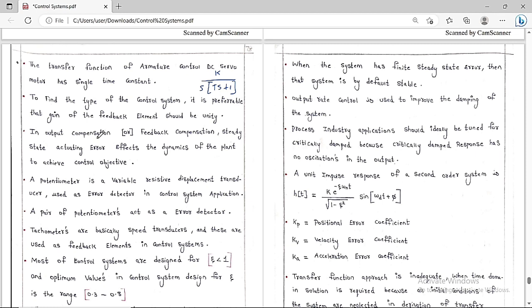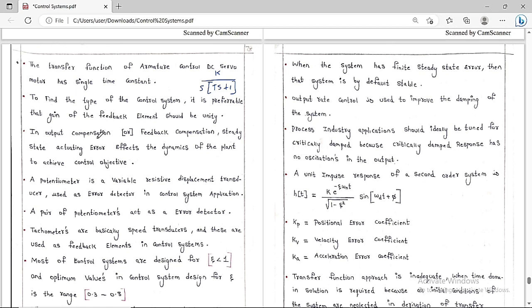So we can say that the transfer function of the armature control DC servo motor has only a single time constant, as you can see clearly from this expression, K by s into (Ts plus 1), and the order of the system is equal to 2. So this one you always have to keep in your mind.